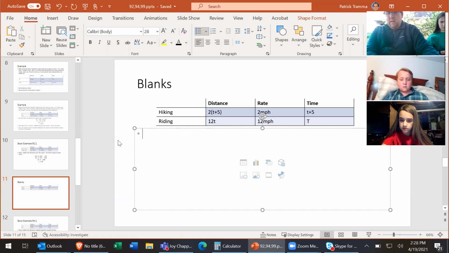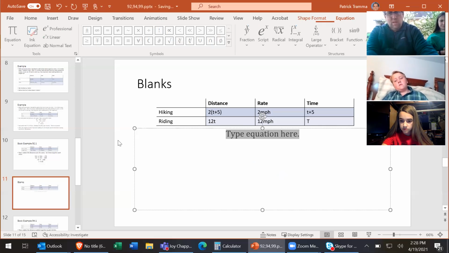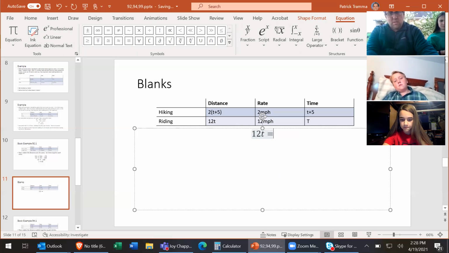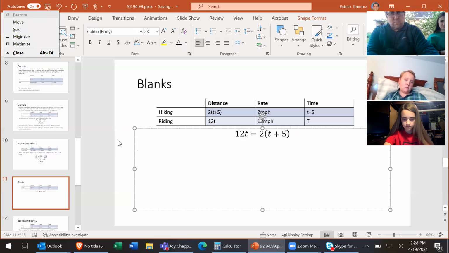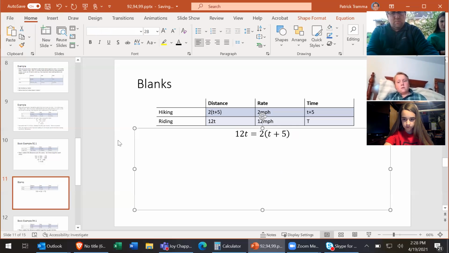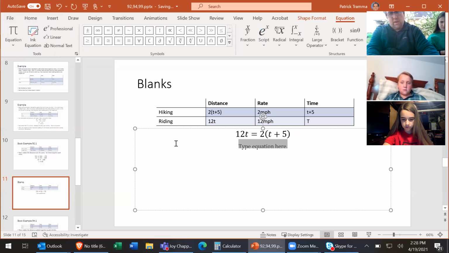And then, since they went there hiking and came back driving, the distances are the same, right? So this is the same distance problem. So we just set them equal to each other. So 12t equals 2 times the quantity t plus 5. Oops, where am I? There we go.